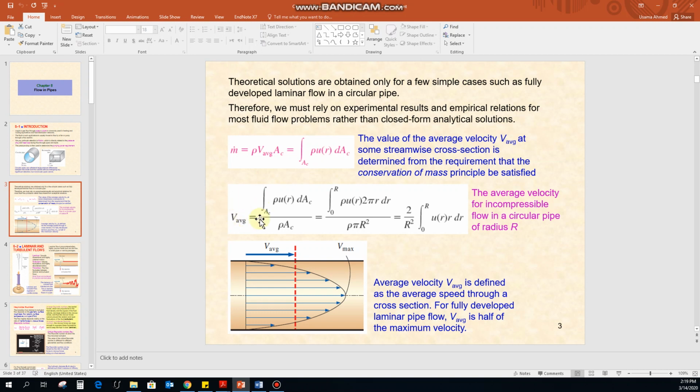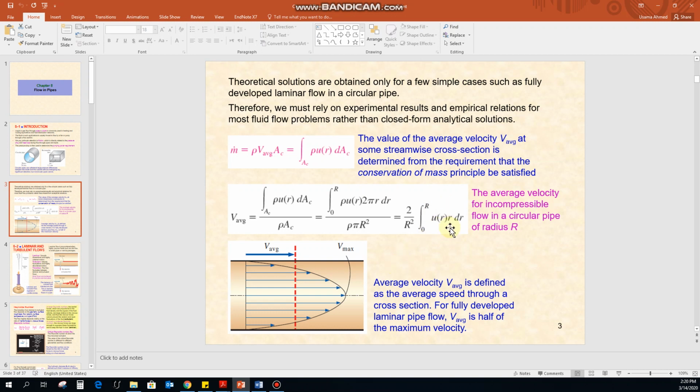Now to estimate the average velocity, we can rearrange this equation: on the right hand side, we have the integral of rho u(r) dA, and we can divide this by the density and the cross sectional area to get the value for the average velocity. For the cross sectional area, we know it is equal to pi r squared. Then you can simplify this equation in this form if you are provided with u(r), which is the velocity profile of a fluid within the pipeline.